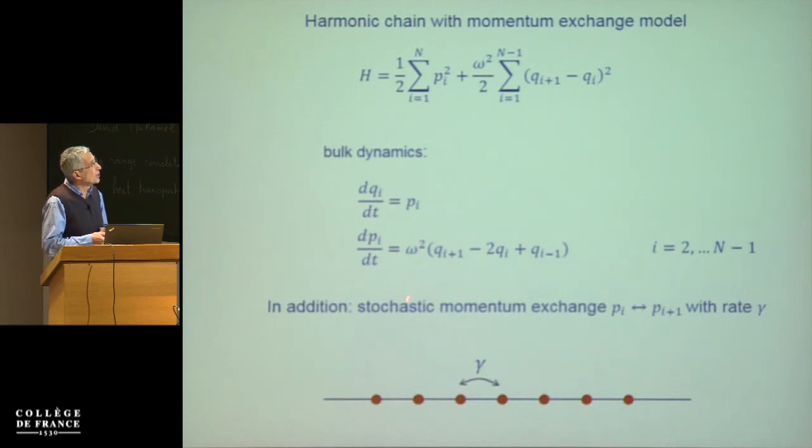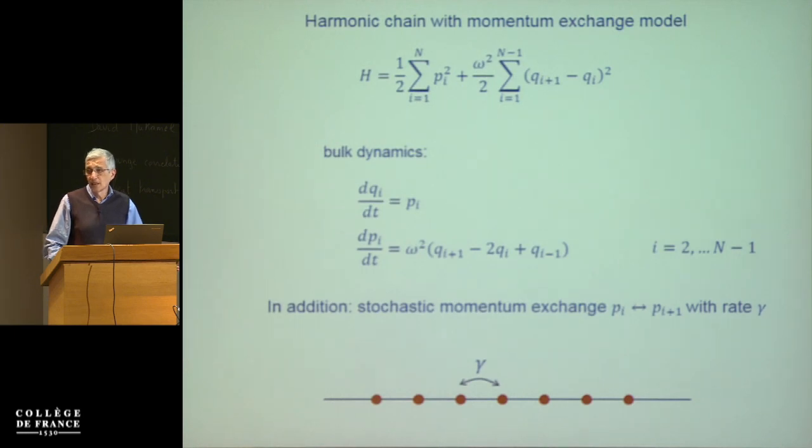So in order to equilibrate it, in addition to the harmonic potential in these dynamical equations, we introduce a stochastic momentum exchange mechanism. That is, every now and then you take a pair of nearest neighbor sites and exchange their momenta. This stochastic move conserves momentum and conserves energy, so it doesn't violate anything, but it mixes the modes of the harmonic chain, and it allows the system to equilibrate.